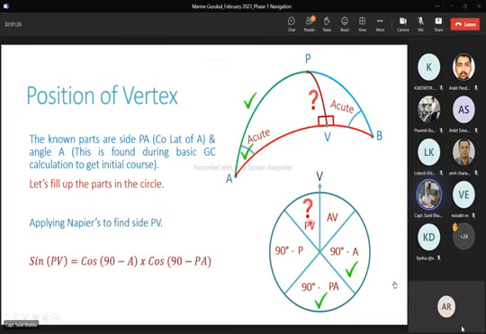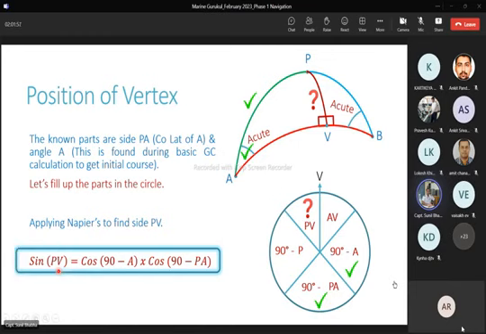Now applying Napier's rule here, the middle part is Papa Victor. So sine of middle part, sine of Papa Victor, is equal to cos of opposite part 1, which is 90 minus A, multiplied by cos of opposite part 2, which is 90 minus PA. Now both the parts on the right hand side, 90 minus A and 90 minus PA, are known to us. Using these two we can easily find out the part PV, Papa Victor.